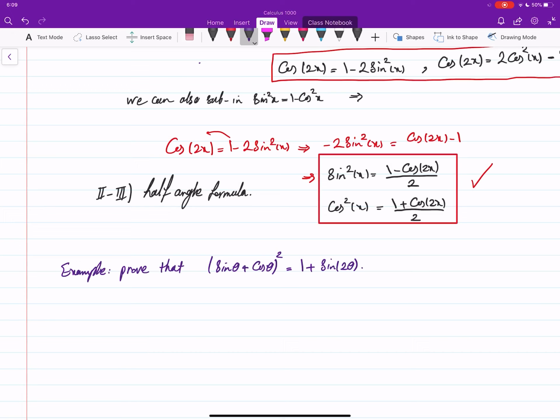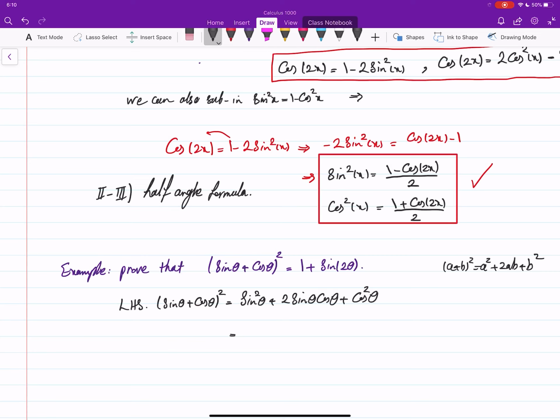Okay, to prove this one, I will just start from, again, the left hand side. This is sine theta plus cosine theta squared equals sine squared theta plus 2 sine theta cosine theta plus cosine squared theta. Remember, the identity a plus b squared is a squared plus 2ab plus b squared.